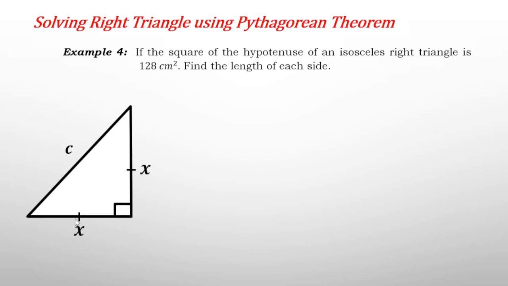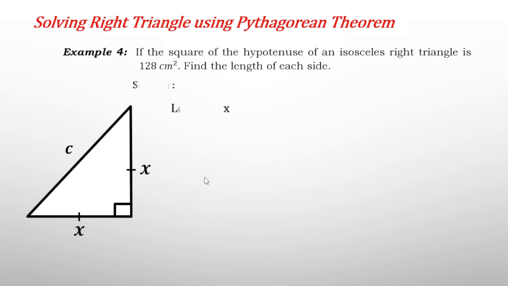So we are going to label it as x since they are equal. So the other side must be labeled as x also, because they are equal. This side and this side are congruent. It means they have equal measure. And then this is our hypotenuse c.